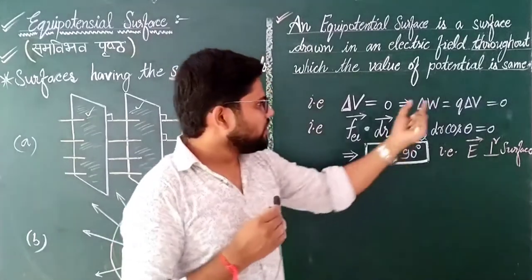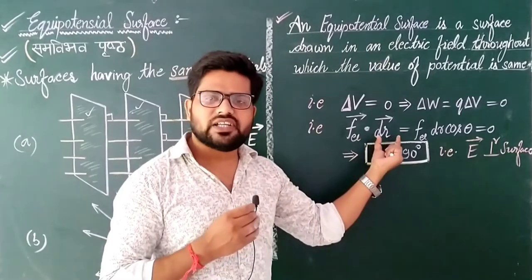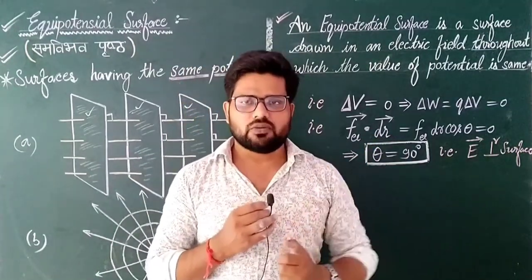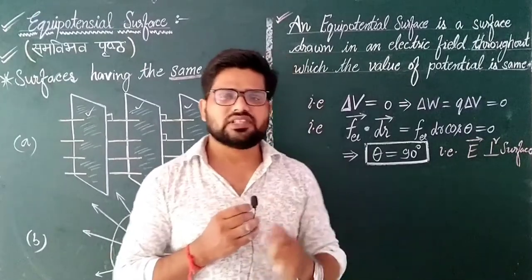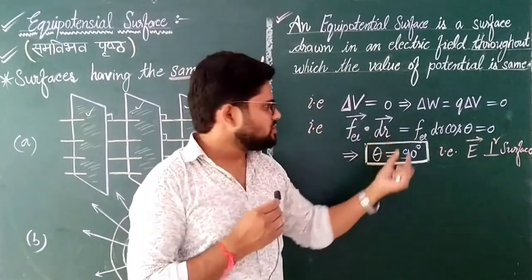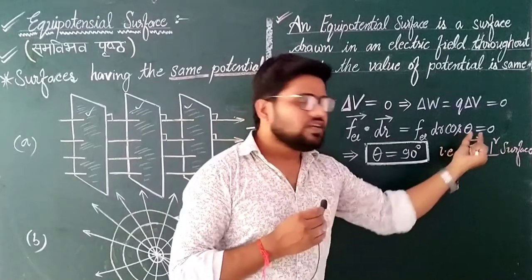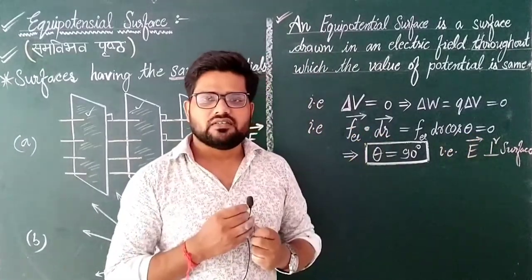So here work equals electric force F_el dot displacement dr, right? And from vector algebra, A dot B equals AB cos theta. So F_el dot dr means F_el dr cos theta, where theta is the angle between the electric force and the displacement dr.